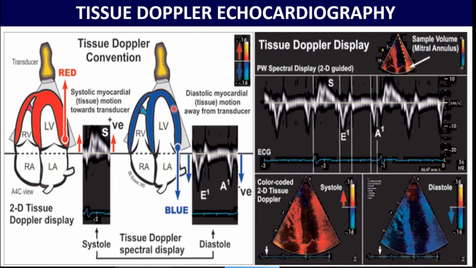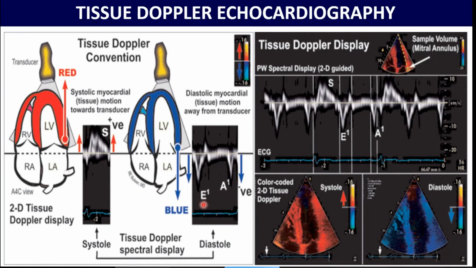When the ventricle is relaxing, it is moving away from the transducer, and you get similar waveforms which are seen in the mitral inflow velocity, that is E and A. But to differentiate between the E and A wave produced by the mitral inflow velocities, this is labeled as E prime and A prime.